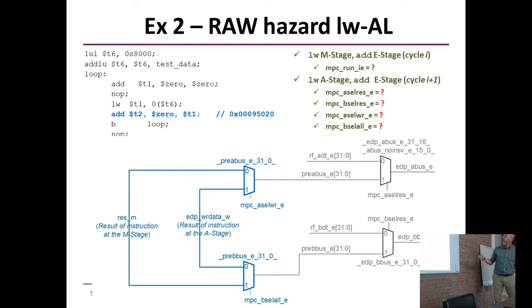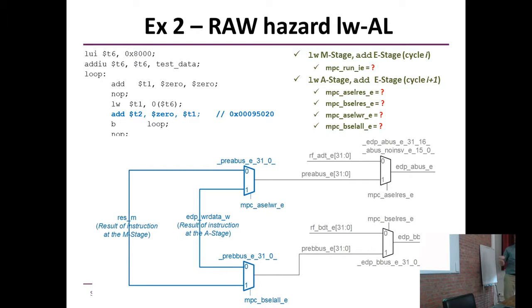So if we try to understand what the values will be for the signals related with the forwarding, when the load instruction is at the M stage, accessing the data memory, and the add instruction is at the E stage, wanting to compute the addition based on the value read by the load, the MPC run signal will make the pipeline stall.